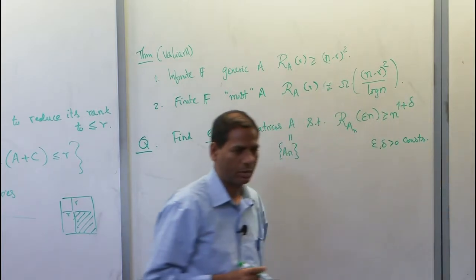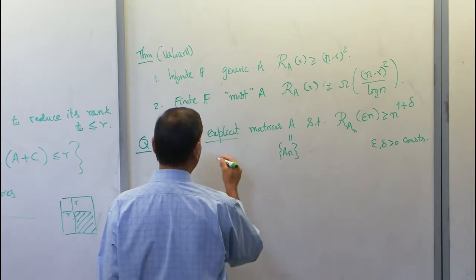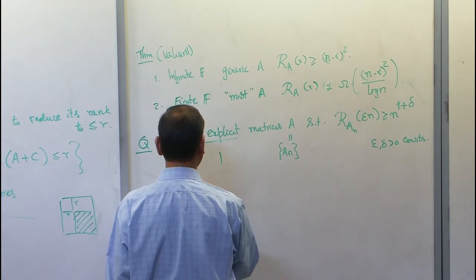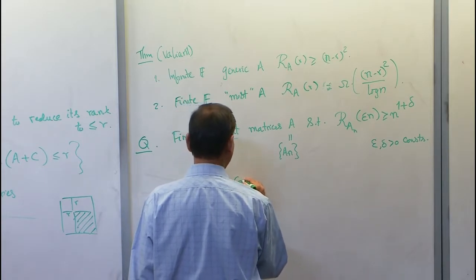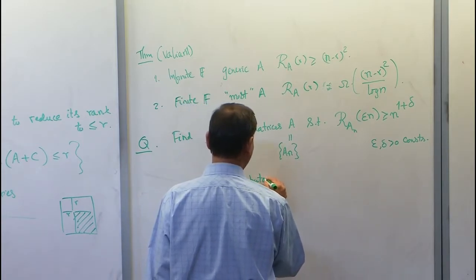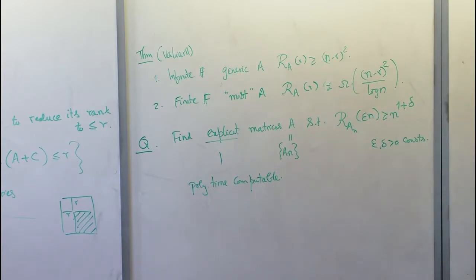I will not formally define what explicit is, but the nicest definition would be A should be polynomial time computable in some reasonable model of computation. Again, I will not spend too much time there.